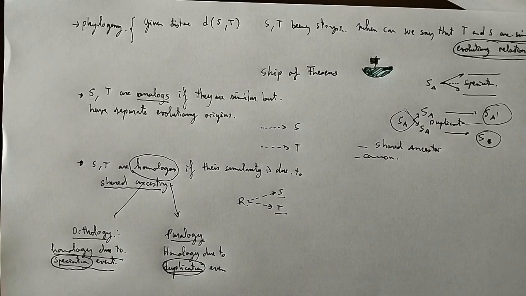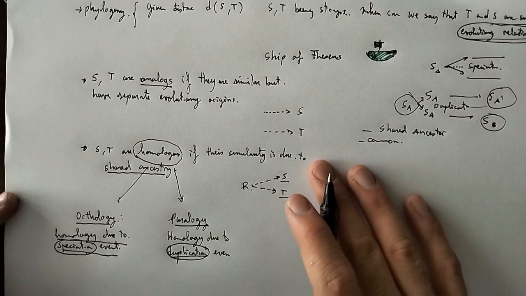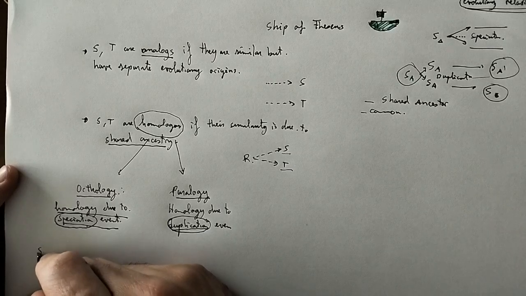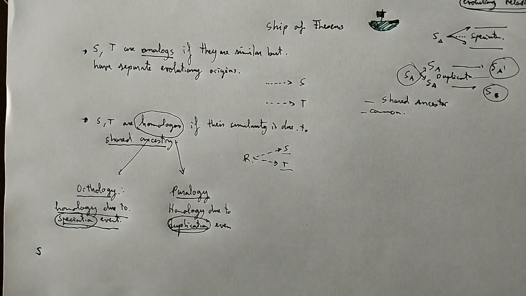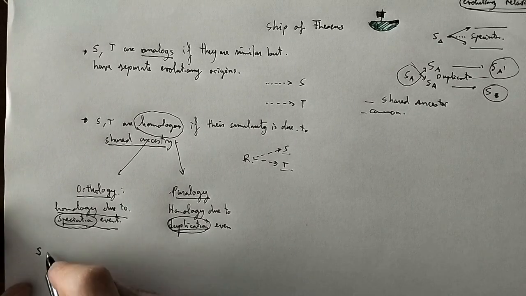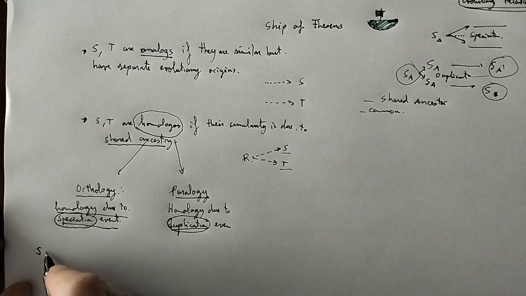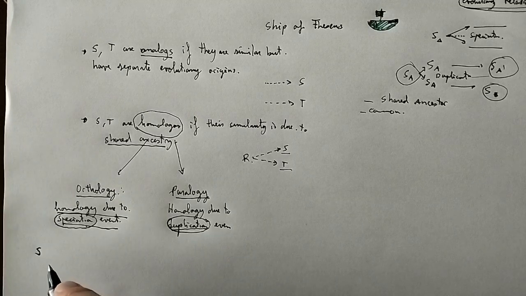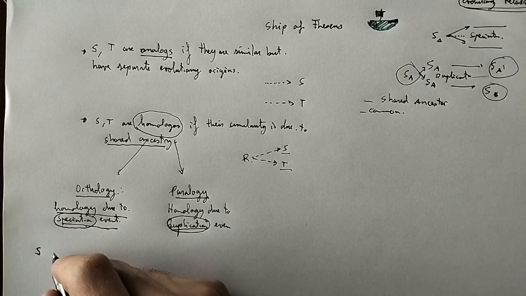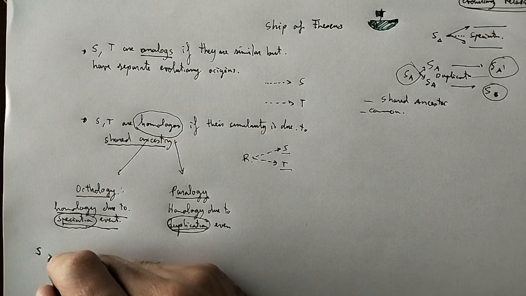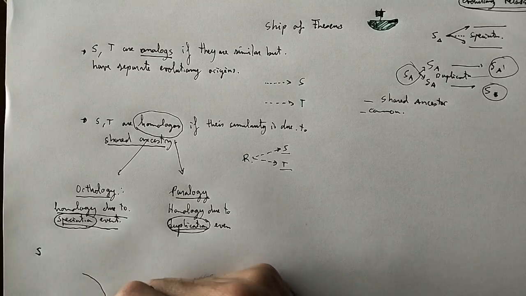What does it mean? It means that, for example, for orthology, we have one species, for example S. So this is the gene of one species, of the common ancestor, and at some point some individuals, for example, were stuck in an island and start evolving separately from another set of individuals that were in the mainland. Okay, so let's imagine this scenario.